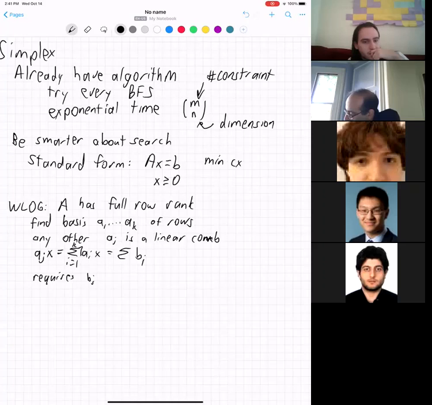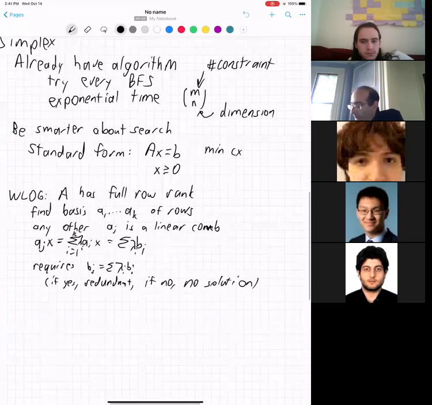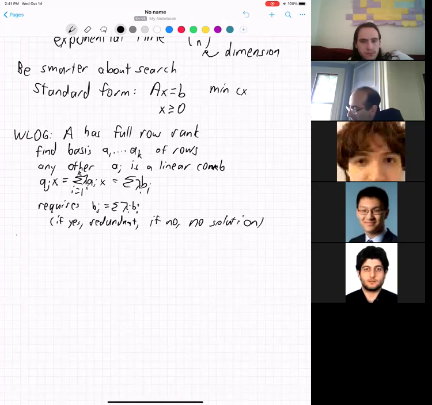So we need some lambda i's here. It had better be the case that bj is the sum of λi bi. If it's not, then there's no solution. If it is, then it's redundant. So we can throw away all of the other constraints. Doesn't change anything.